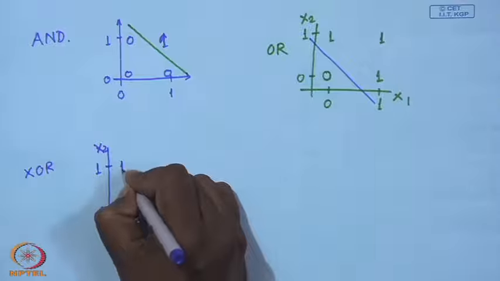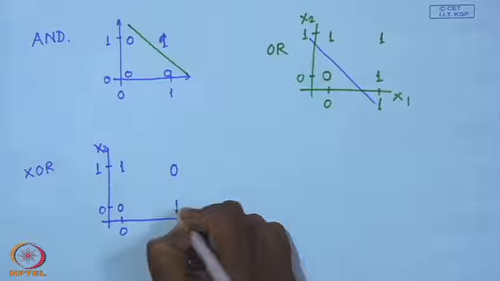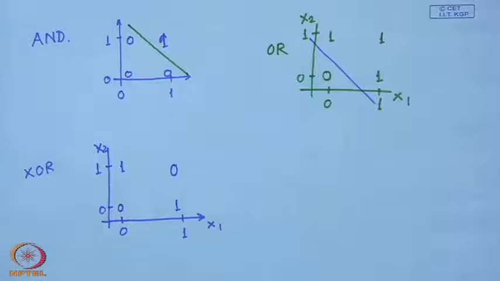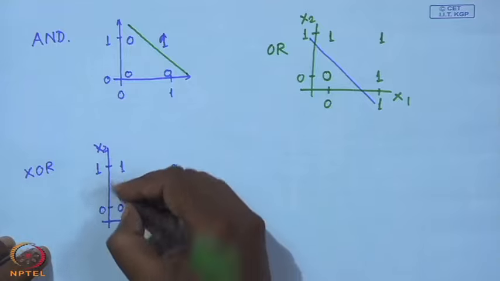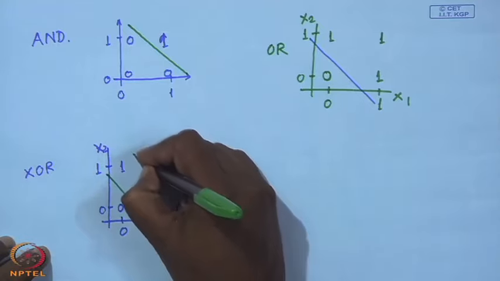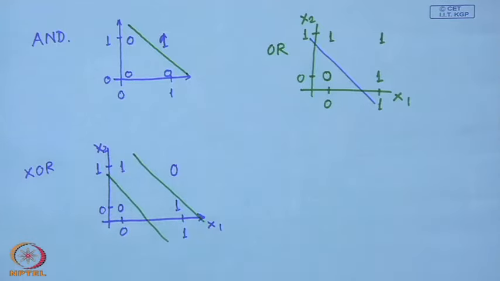When the input is 0, 1 or 1, 0, the output is 1. Now, in this situation, I can no longer separate the zeros and ones by a single straight line. Rather, I need two different straight lines to separate the zeros and ones. So, this clearly says that the XOR function is not linearly separable.